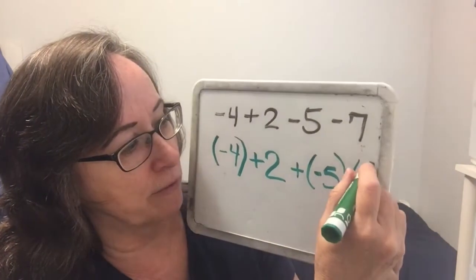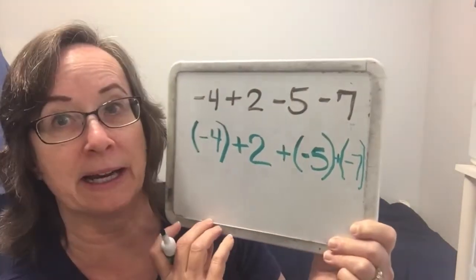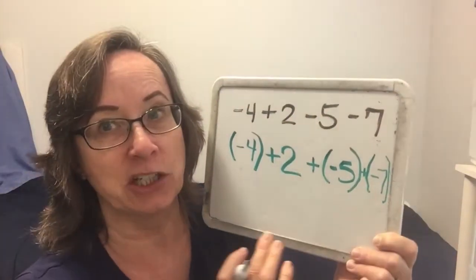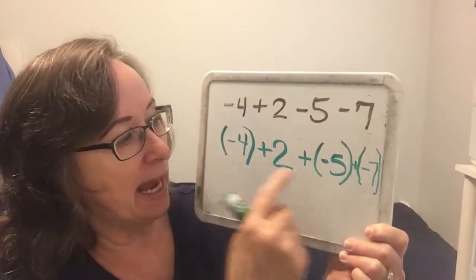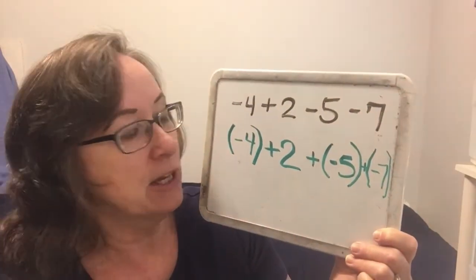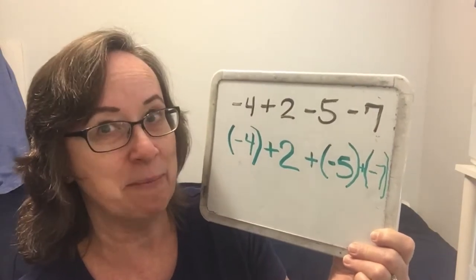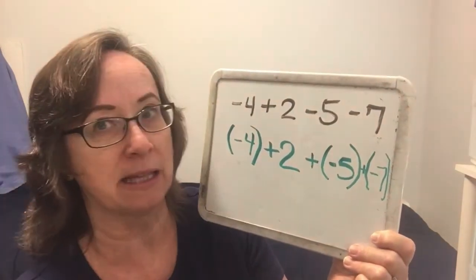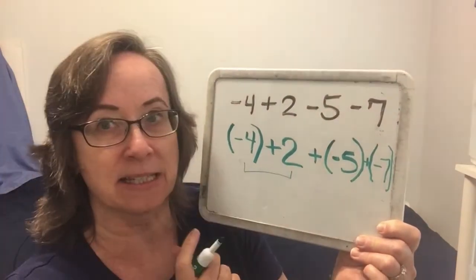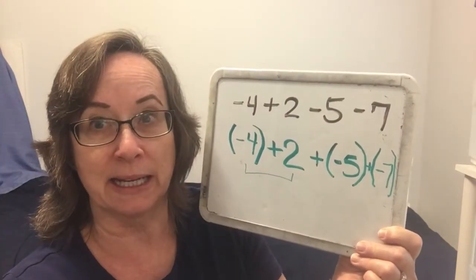I should have started over a little farther to the left. I ran out of room. So I just take each minus sign and turn it into a parenthesis. Okay, so now I am adding all the way across. But I know that when I add two opposite signs together, I really subtract.